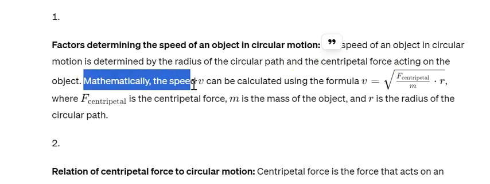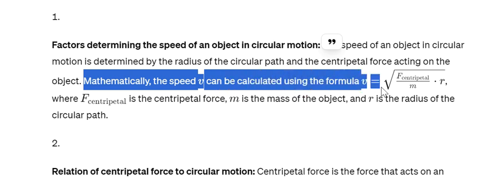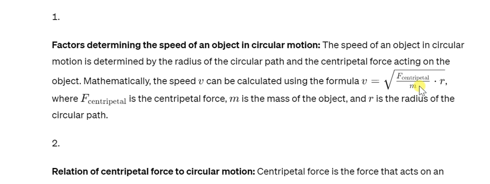Mathematically, we can write the speed v can be calculated using the formula: v equals the square root of F centripetal divided by m multiplied by r, where F centripetal is the centripetal force, m is the mass of the object and r is the radius of the circular path.